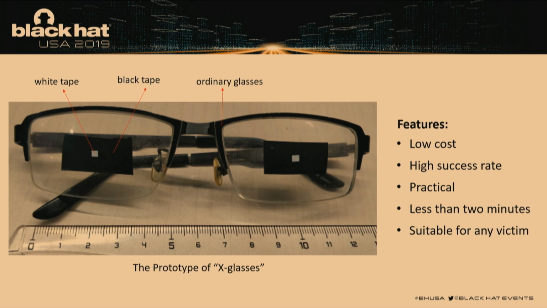It's really simple, just ordinary glasses with two kinds of tape, one black and the other white. So it's ultra low cost with a high success rate. And it's really practical, you can make it in just 2 minutes.